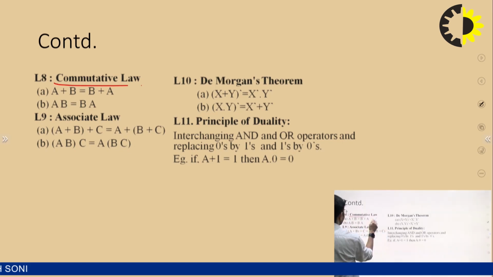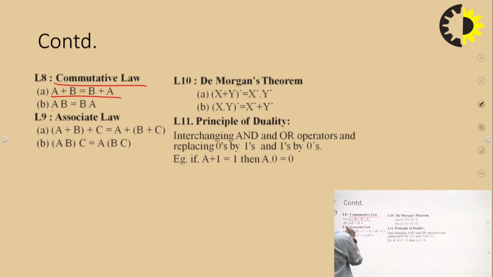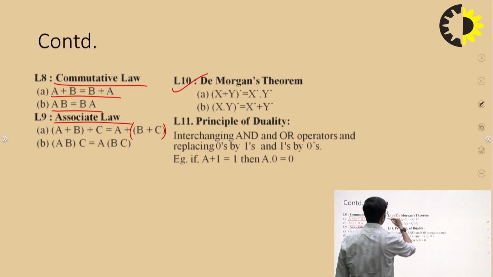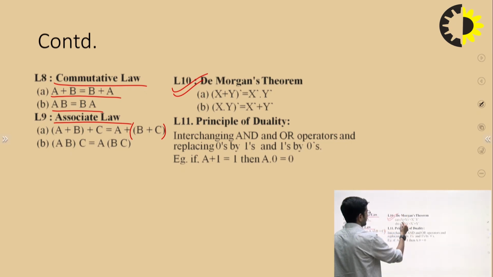Next property says that a plus b equal to b plus a and ab equal to ba, then it will follow the commutative law. In the associative law, a plus b plus c should be equal to a plus bracket of b plus c. De Morgan's theorem, this is a very important theorem.